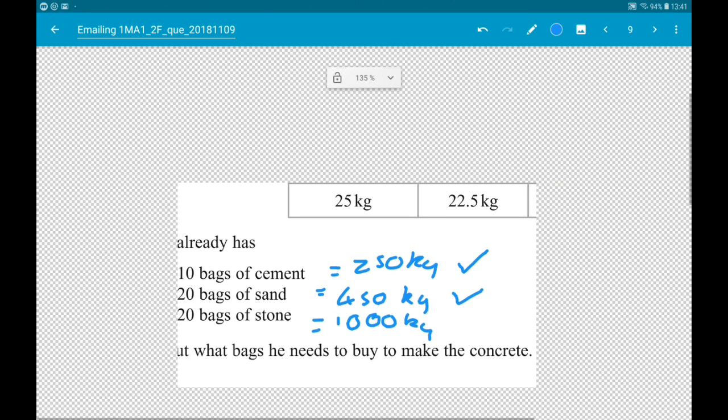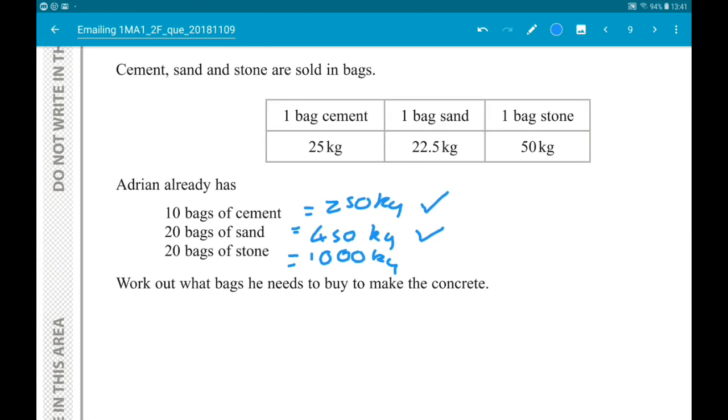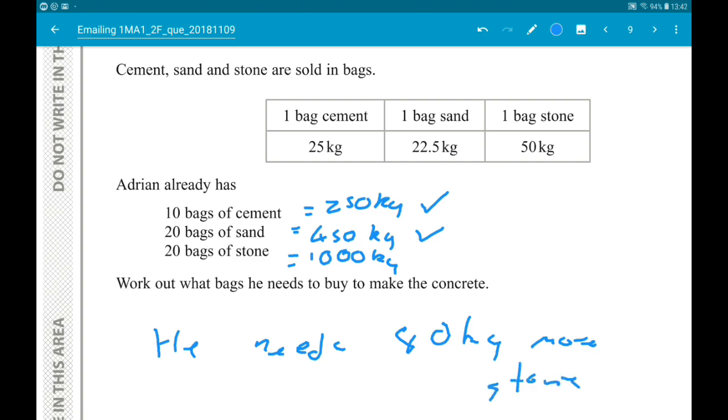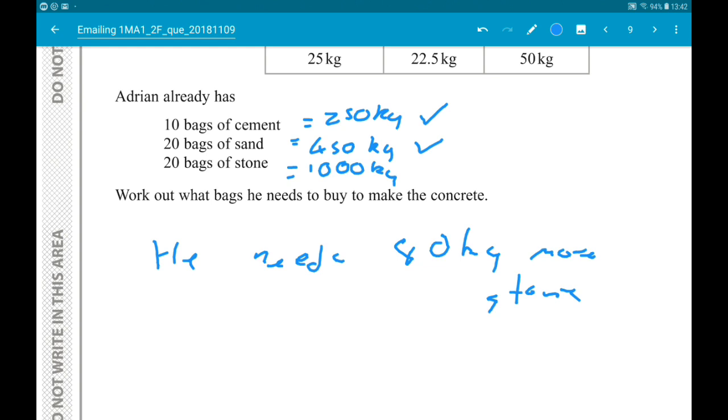Now, he needs 1,080 kilograms, so he needs 80 kilograms more stone. So, for that then, he's going to need 2 bags of stone.